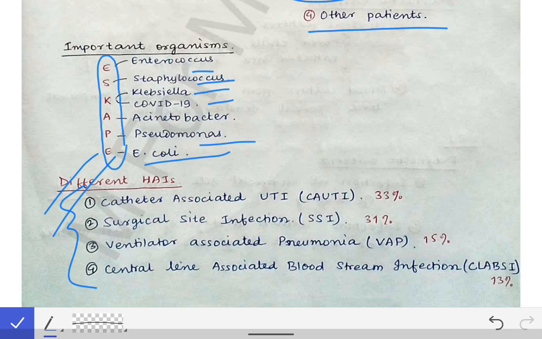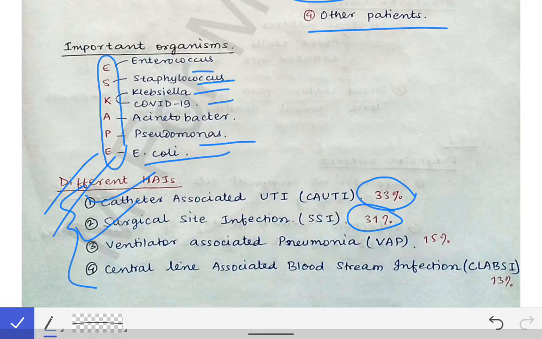Most commonly found, like catheter associated UTIs. These are found in 33% of cases. In 33% of cases of healthcare associated infection, the infection is nothing but catheter associated UTI. Then in 31% of cases, it is surgical site infection.